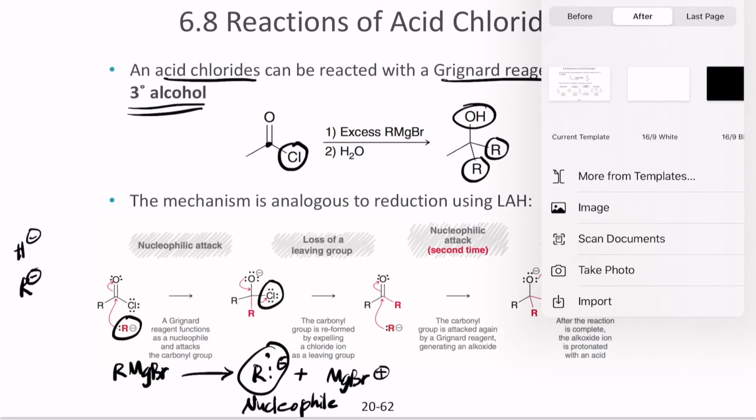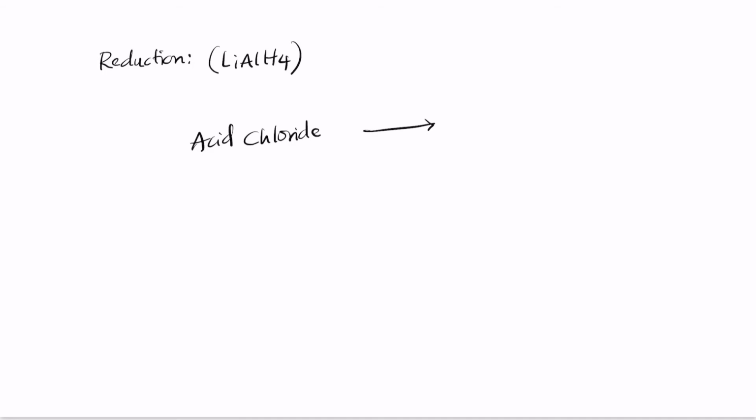So remember this principle here. In reduction reaction, where we use LiAlH4, first you start with an acid chloride. Acid chloride under reduction creates aldehyde and then further creates a primary alcohol.